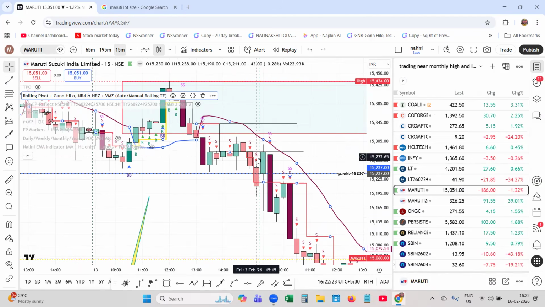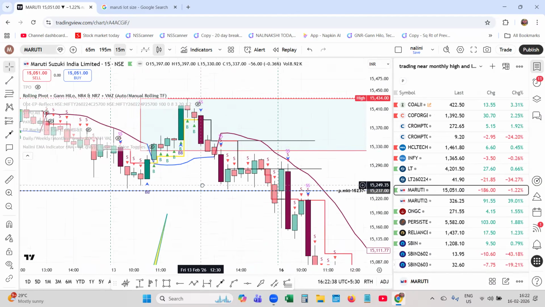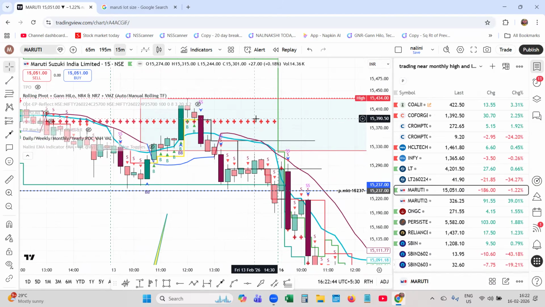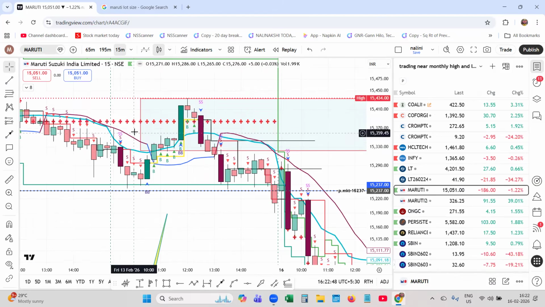How many filters did I use? First, I selected the stock with the help of my Nalini EMA indicator, and then I knew the boundary where the location is, and I made out that it was a distribution. And second thing, I saw sellers were in control.